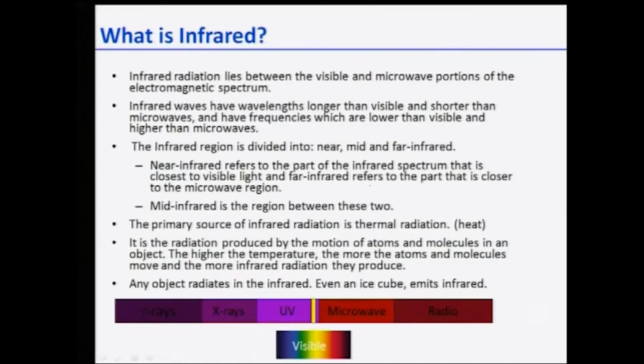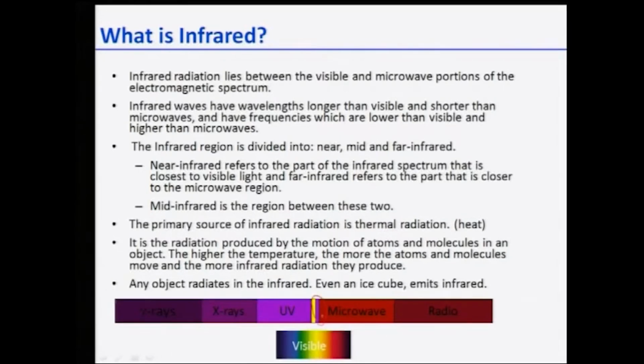In the very first class I showed you the detailed spectrum of electromagnetic radiation, where everything from X-rays or gamma rays to radio waves is shown, and UV and visible come in the middle of the spectrum. Infrared comes between the visible and the microwave, that is this one here.